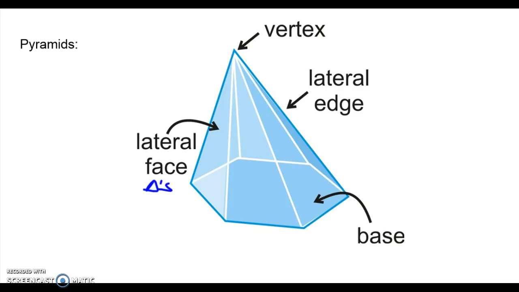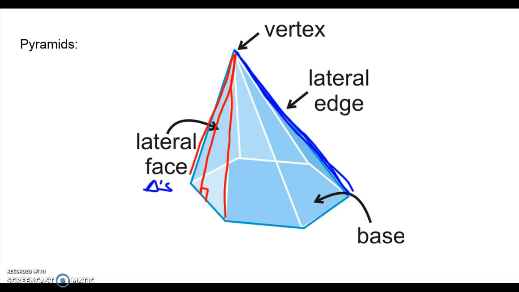The lateral edge is just the edge of the face. We don't really use lateral edge very often, and it's not the same thing as slant height. Slant height goes right through the middle of the triangle, whereas the edges create the sides of the triangle.